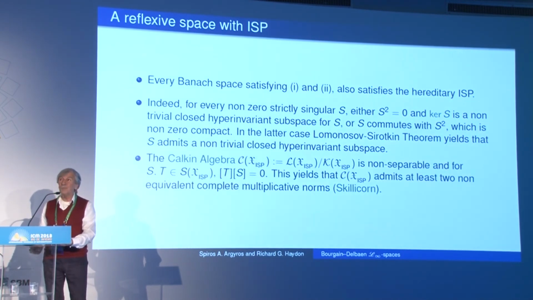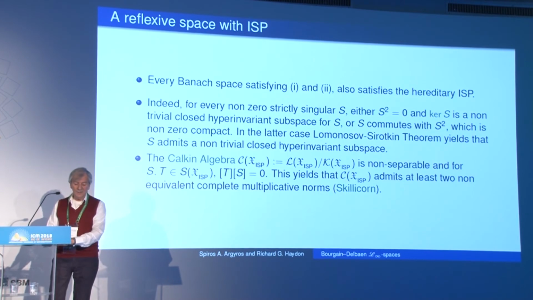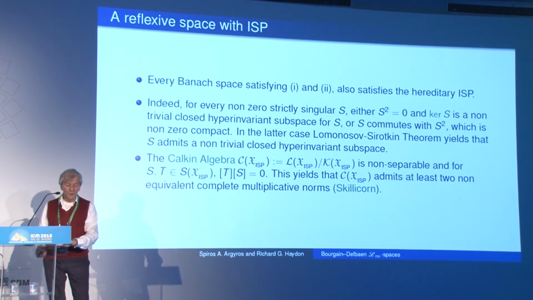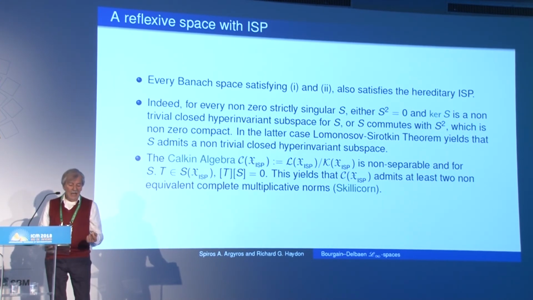And the other interesting thing about this space is that if you look at the Calkin algebra, this is the quotient of the operators over the compact operators. This is non-separable, and the interesting thing is that in the Calkin algebra the product of any two elements is 0.